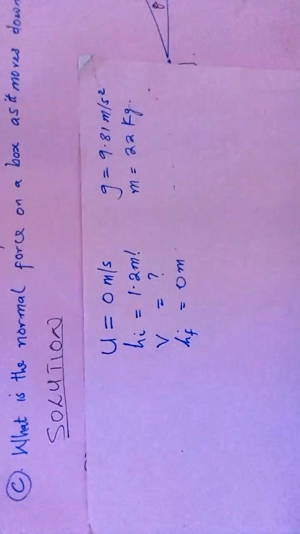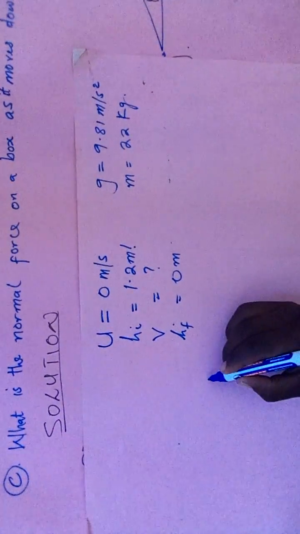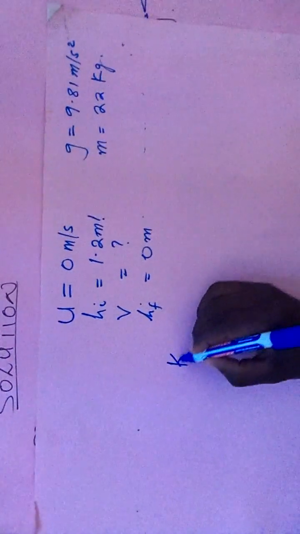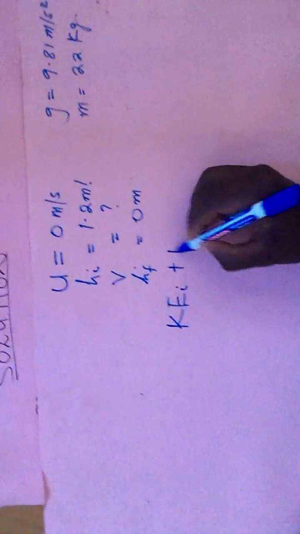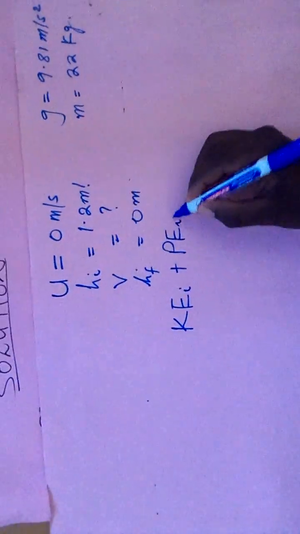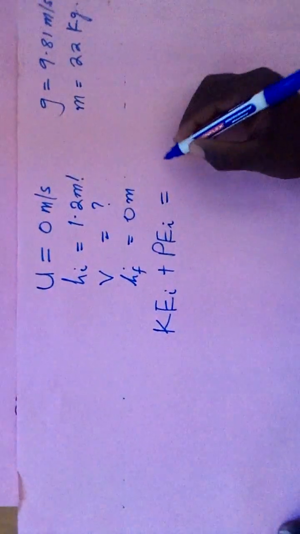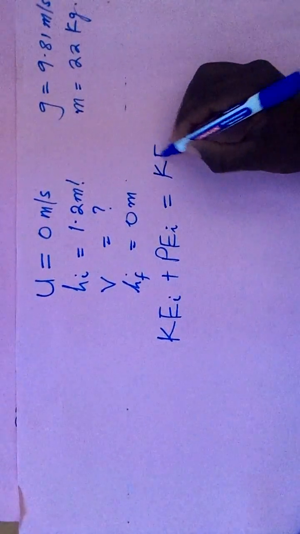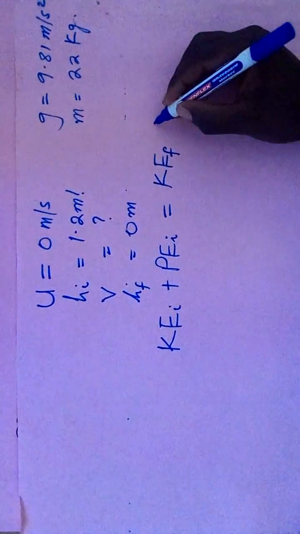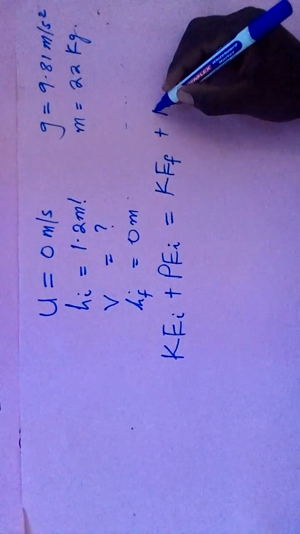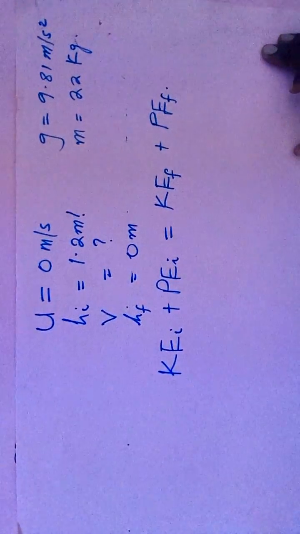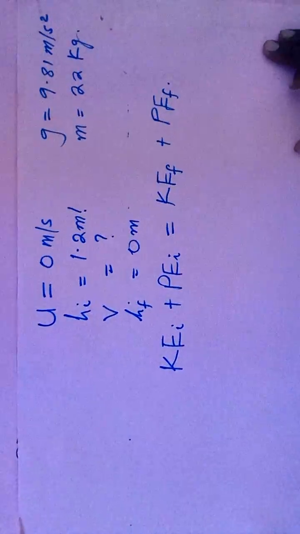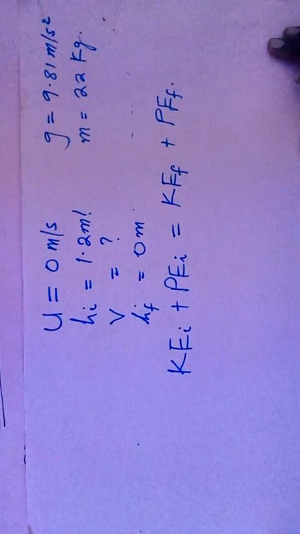So according to conservation of energy, the initial kinetic energy plus the initial potential energy should be equal to the final kinetic energy plus the final potential energy. The summation of the energies should be equal in the initial state and in the final state.